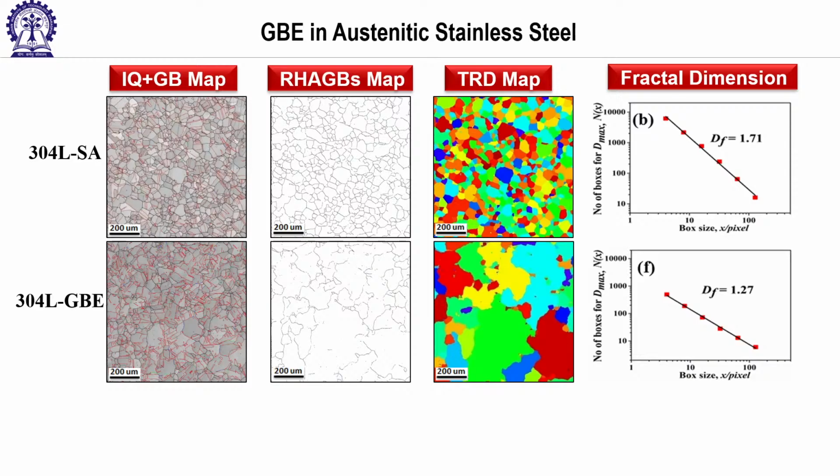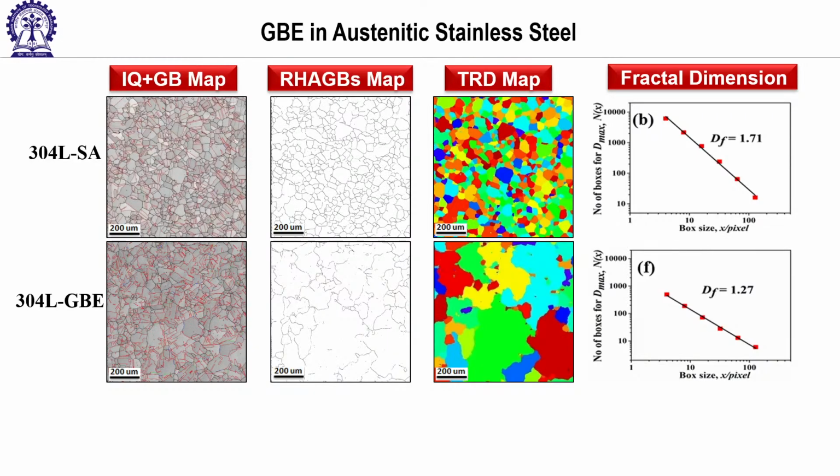This is my GB microstructure, you can see that boundaries are fragmented. This is the TRD map, you can compare the TRD size, TRD meaning twin related domain size. You can see the contrasting behavior between both microstructures, and we have also calculated the fractal dimension. As you can see, the fractal dimension for the 304L starting microstructure is very high, and for the GB microstructure it is very low.